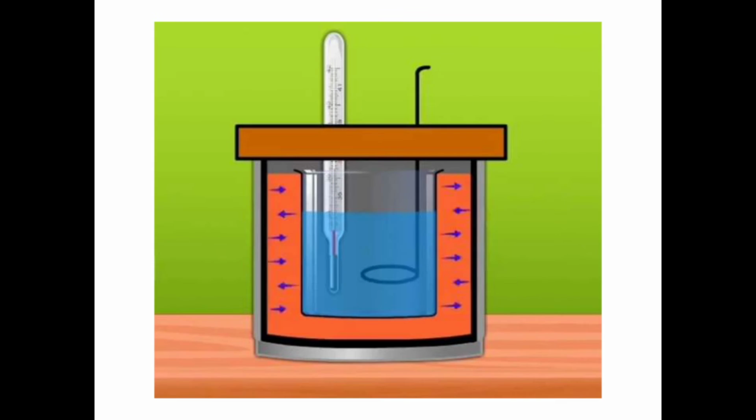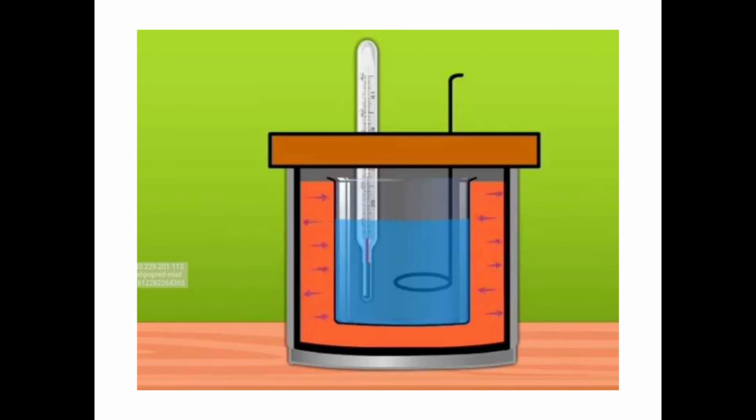Instead of this, if you use a cold object in the calorimeter, suppose not hot, a very cold object I have put in. So what will happen here, children? This cold object will receive the heat from the water and the calorimeter, right?